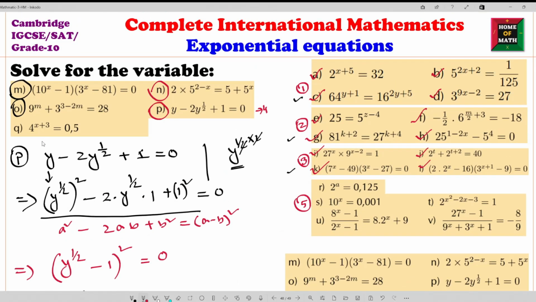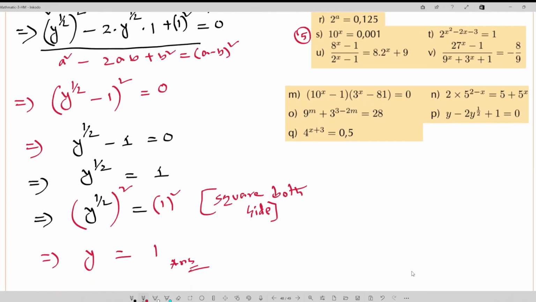So today's last question, which is Q, let's start. Number Q, 4 to the power x plus 3 equals 0.5. So 4 to the power x plus 3, this 0.5 we can write 1 by 2.